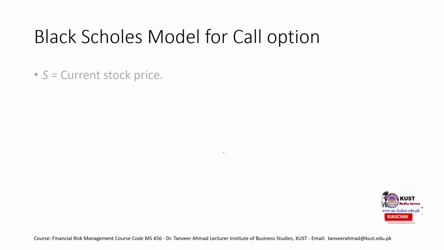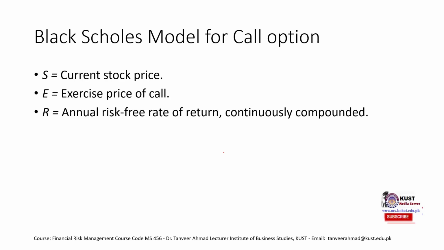Okay, so this is just the description that we have already discussed. S stands for current stock price, E for exercise price, R for risk-free rate, and remember, this risk-free rate should be continuously compounded. If it isn't, then you need to convert it into continuously compounded using the formula that we have discussed in our previous chapter.